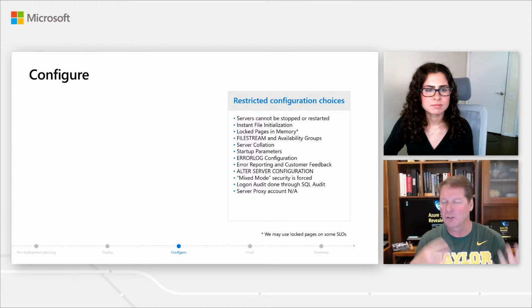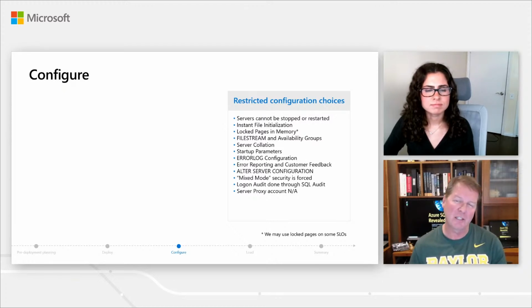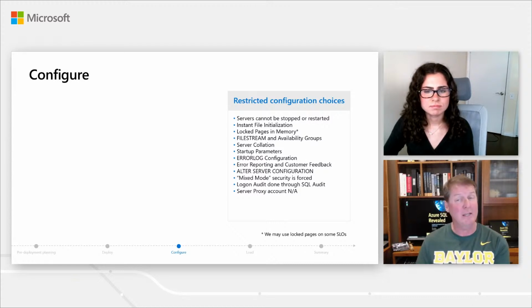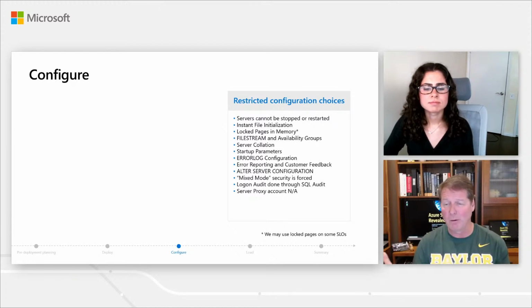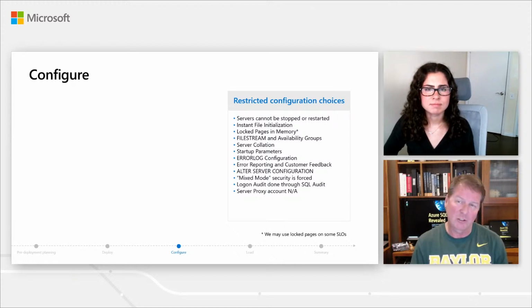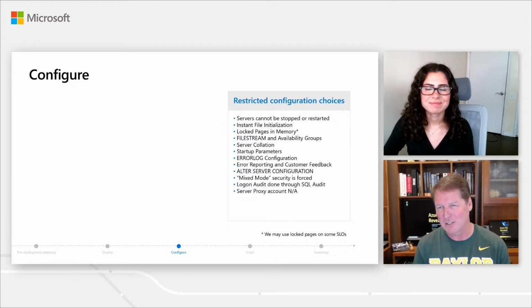Letting you just restart servers at random, we can't meet a service level agreement if you do that. Worrying about things like instant file initialization or locked pages in memory, even though we might use it, let's abstract you from having to worry about that stuff anymore. Or even things like error reporting and feedback or alter server configurations, we're doing the infrastructure. You're not going to go pick NUMA nodes anymore or even affinity for processors.